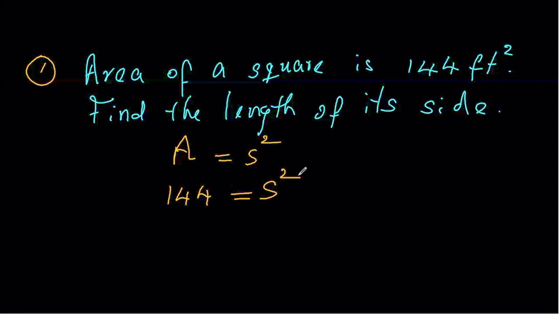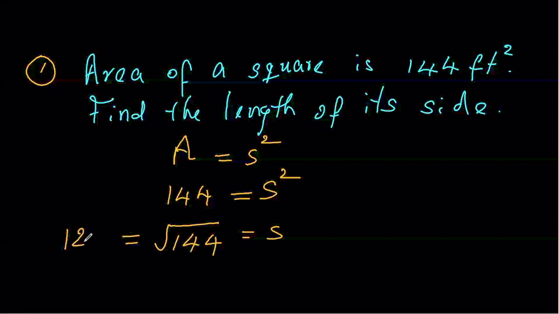So from this equation, in order to get S, we need to take the square root of 144. Square root of 144 is 12. And the unit is feet. That's the answer.